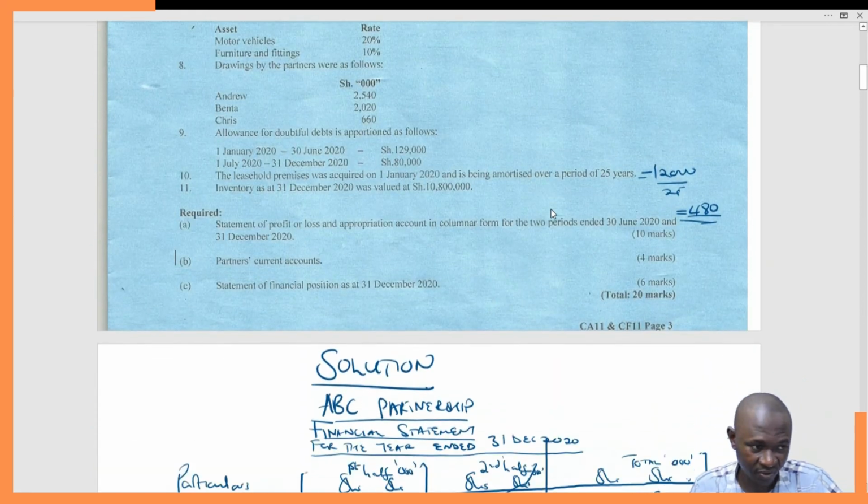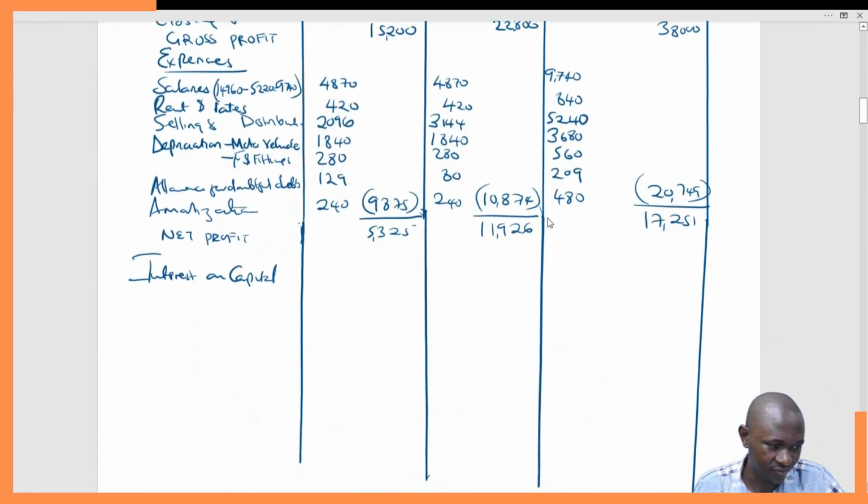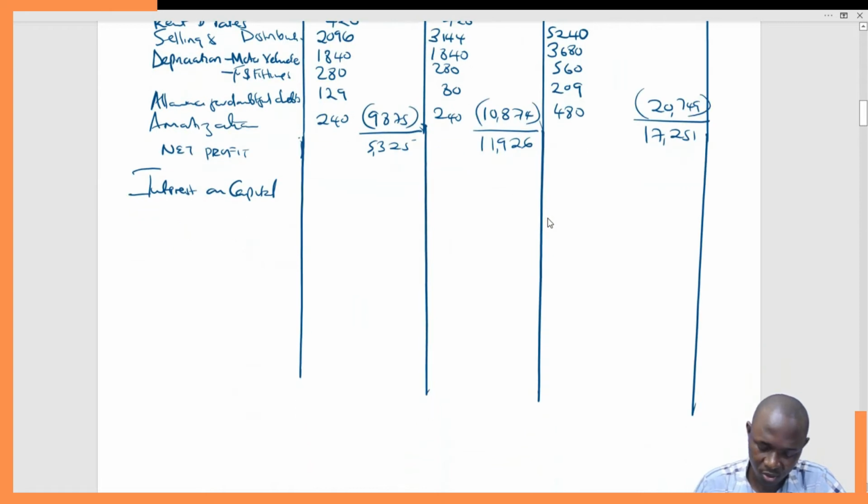Because it's only the first half, we divide it by 2. So interest on capital is 10% of 6,000 times half, half because we are dealing with the first half only.